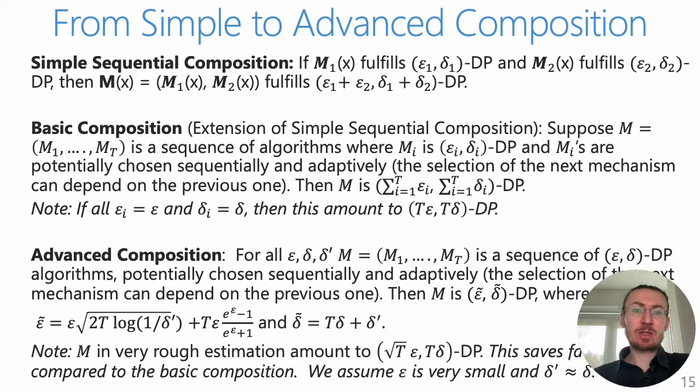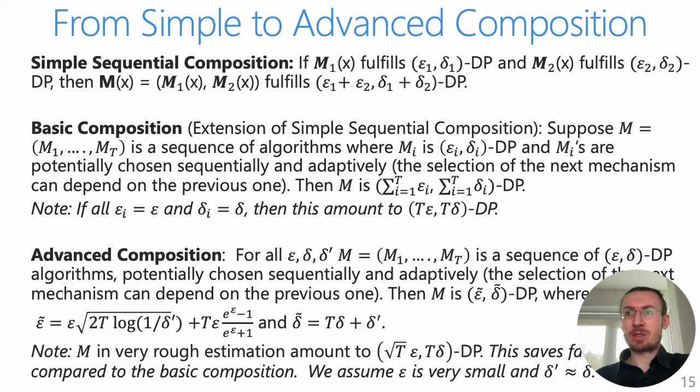And the basic composition is already a powerful result, despite actually its simple proof. It establishes the fact that DP is so versatile and allows us to begin reasoning about complex systems, in terms of how we can construct the building blocks to construct complex mechanisms. And one of these complex mechanisms actually is training of the machine learning models.